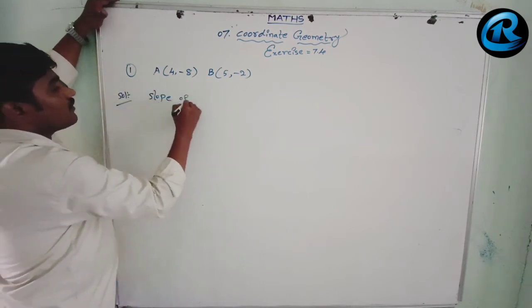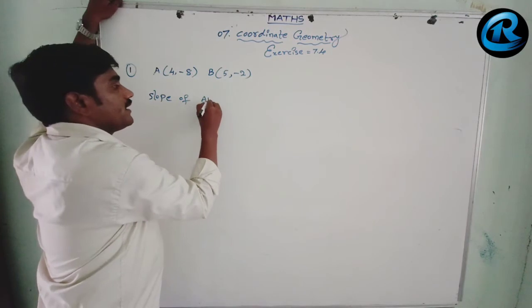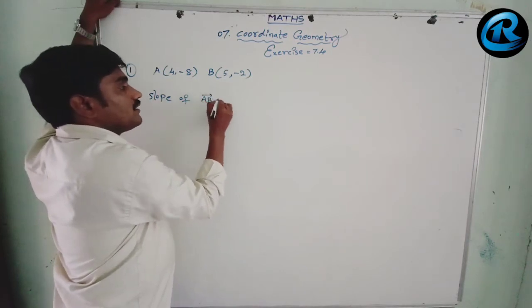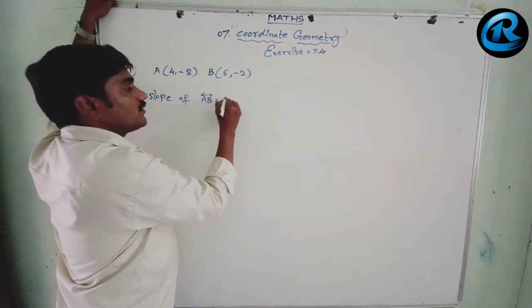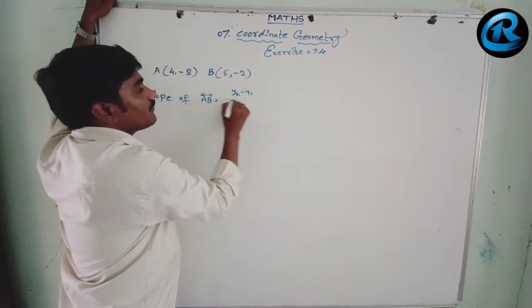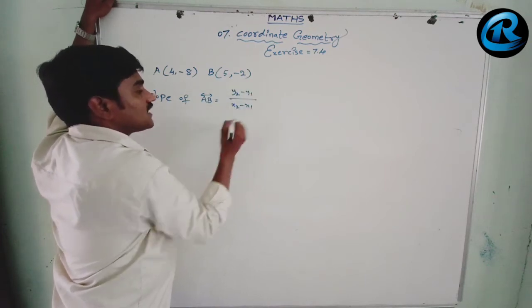Slope of line AB is equal to y2 minus y1 by x2 minus x1.